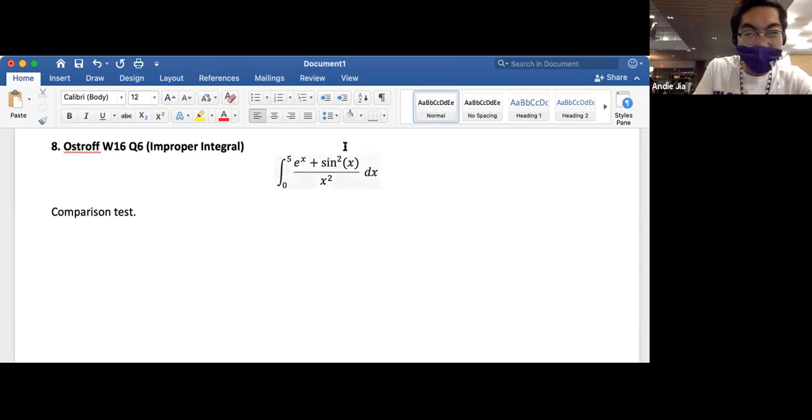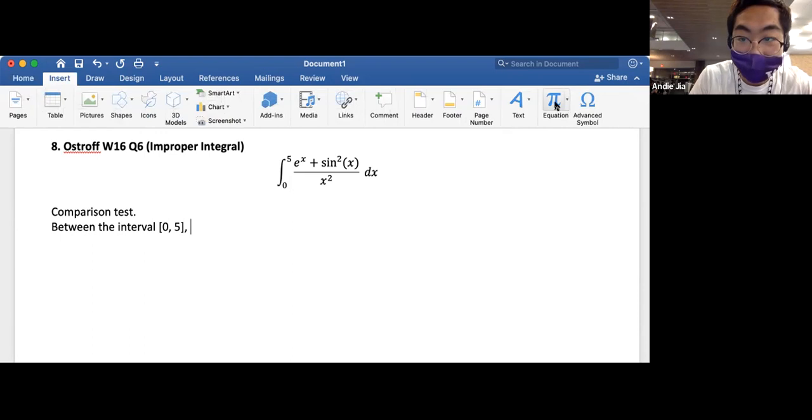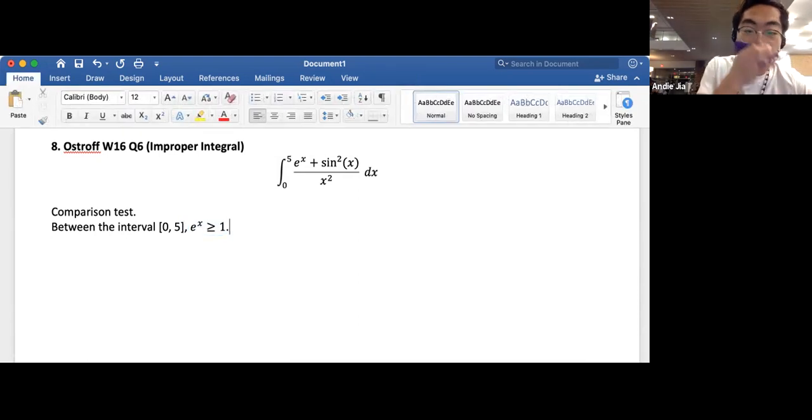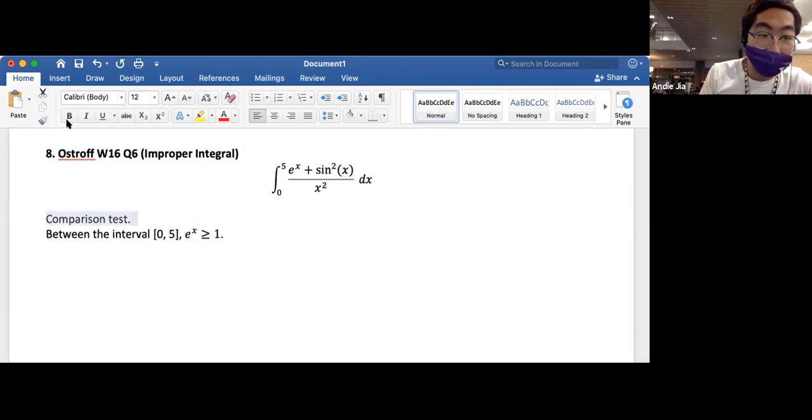So between the bounds, on this interval, e to the x is always greater than 1, because e to the 0 is just 1, and at 5 it's e to the 5.